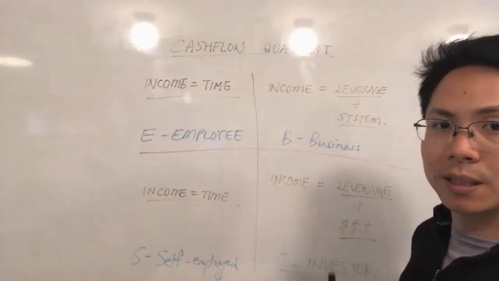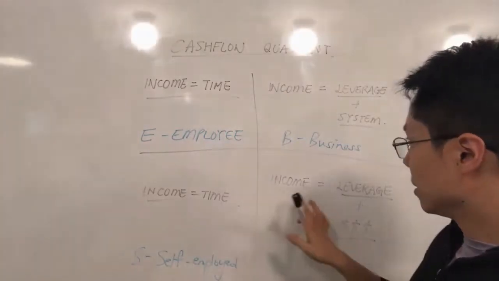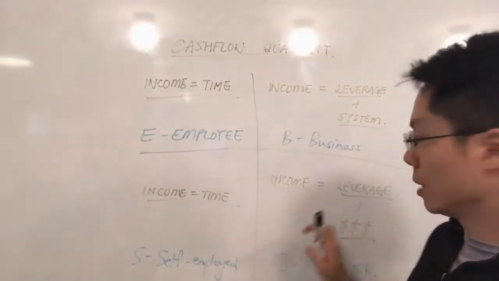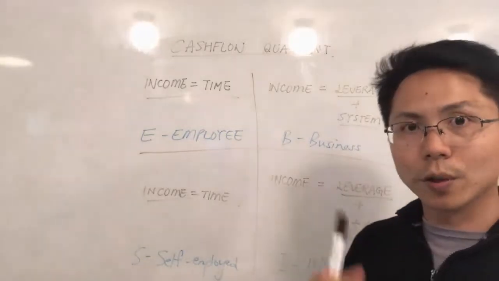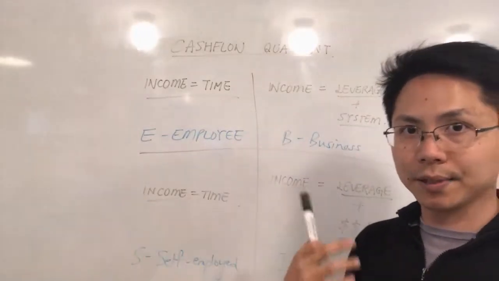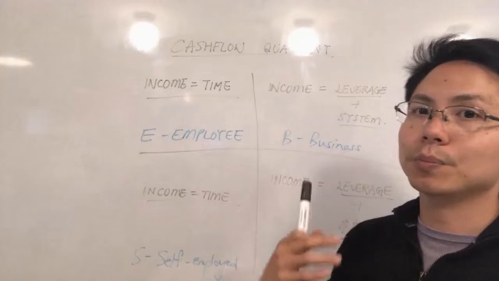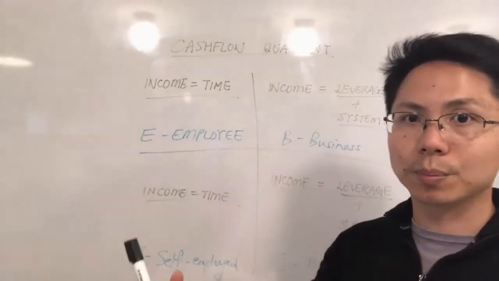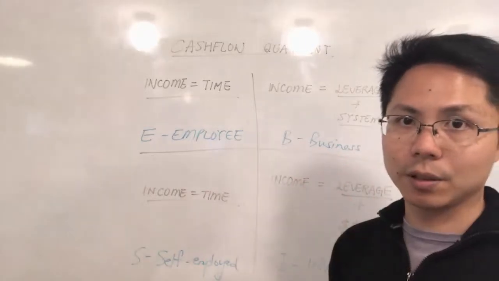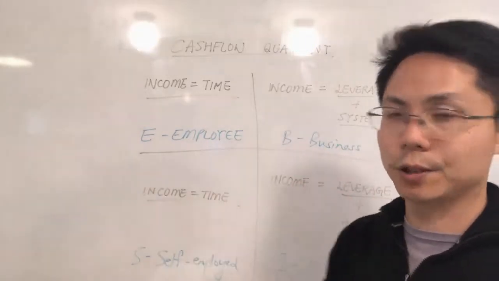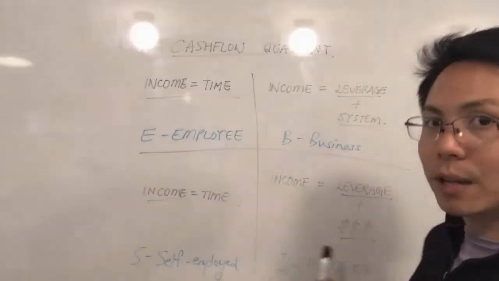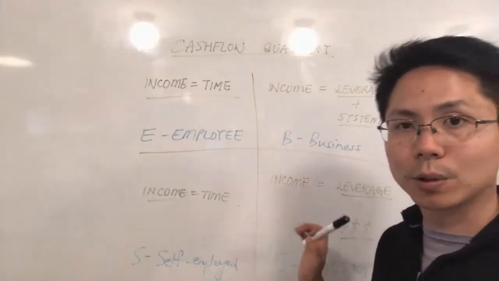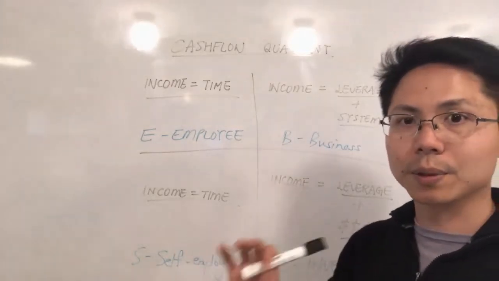And last but not least, investor. The investor's income is based on, again, leverage. For example, if you want to purchase a property, you'll be able to leverage the bank's money to settle the property. You borrow at an 80% loan to value ratio, for example. That's leverage. And you also need to have money, some sort of deposit, to be able to be an investor.